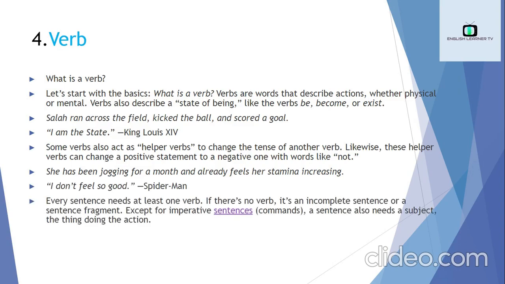Every sentence needs at least one verb. If there is no verb, it's an incomplete sentence or a sentence fragment. Except for imperative sentences, commands, a sentence also needs a subject, the thing doing the action.